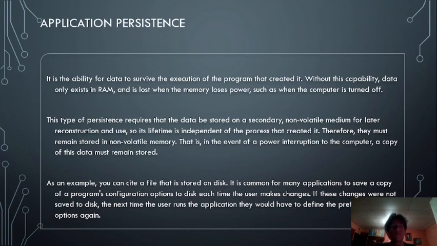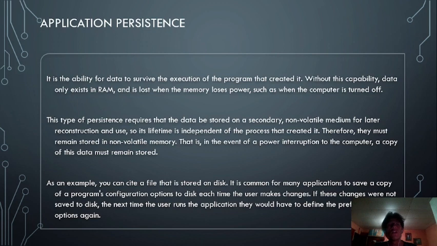Application persistence. It is the ability for data to survive the execution of the program that created it. Without this capability, data only exists in RAM and is lost when the memory loses power, such as when the computer is turned off.